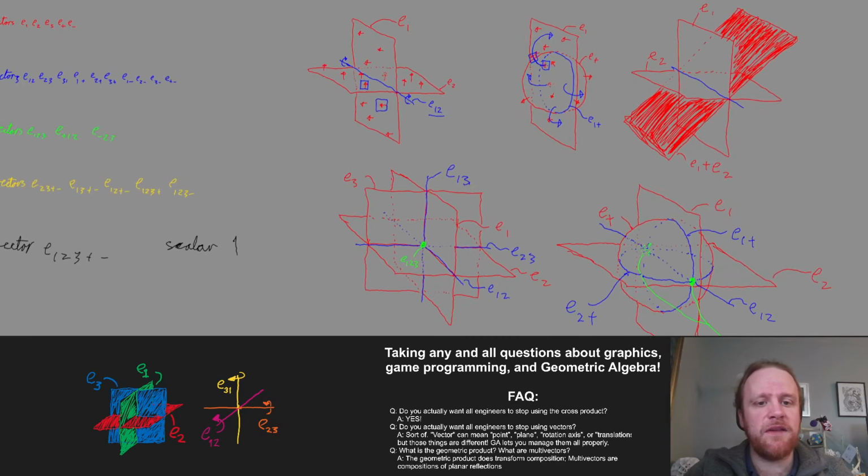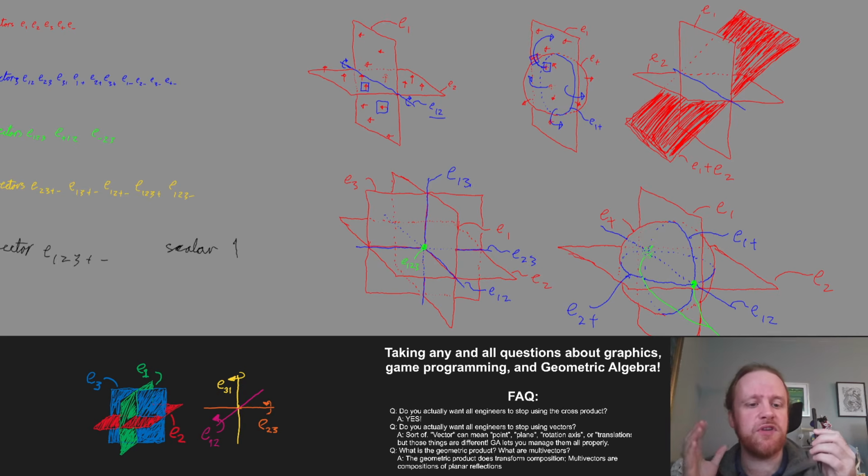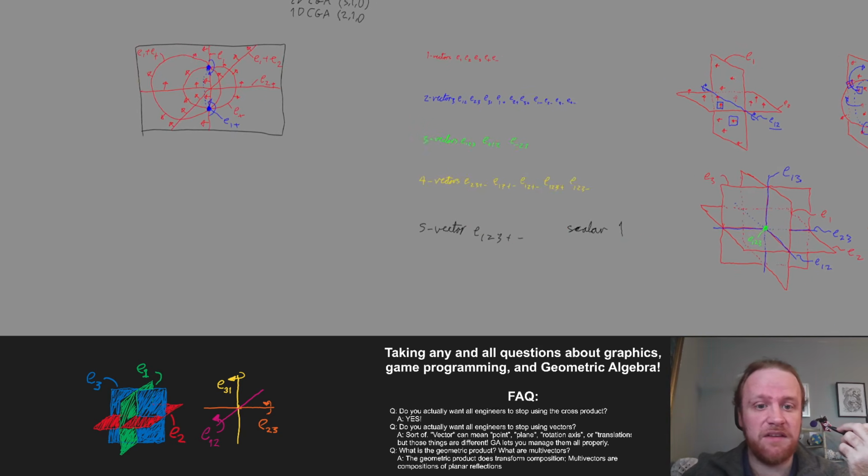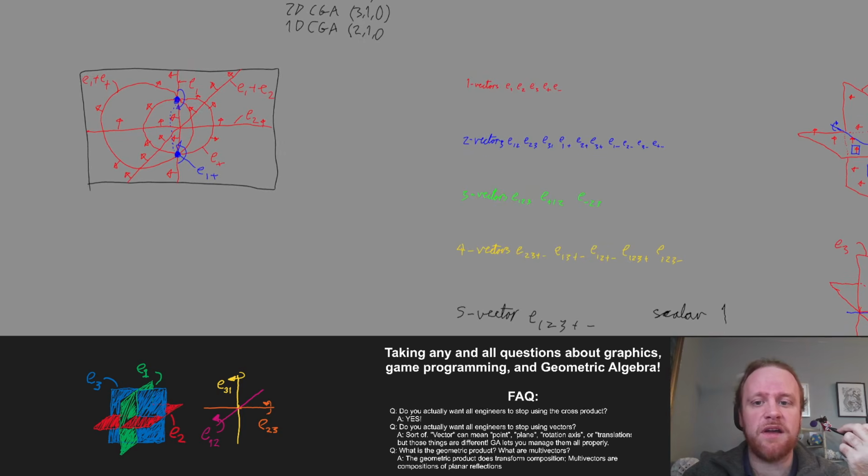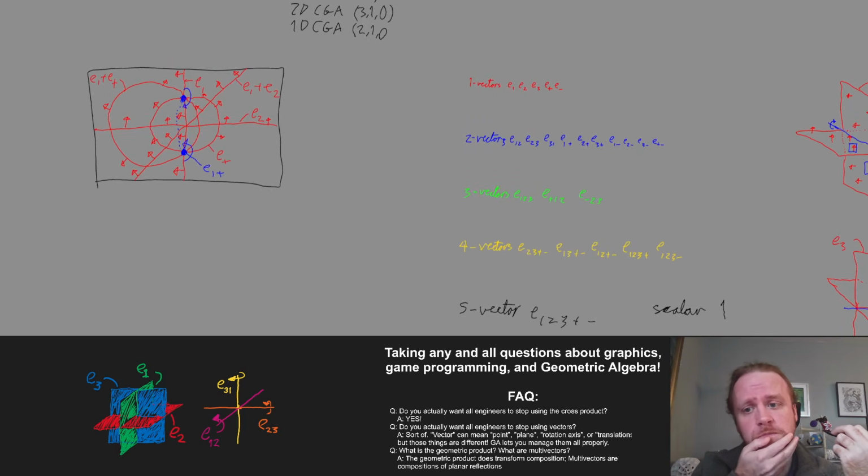We want to have a markup. We want to put a little annotation on E1, 2 plus. It turns out that there's different kinds of line and circle and plane and sphere, and you use markup to distinguish them. You also use the markup to tell whether the thing is E1 or negative E1, or E12 or negative E12.